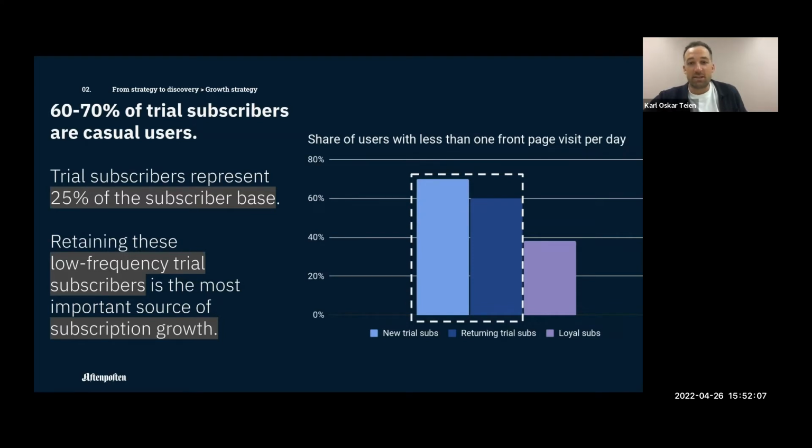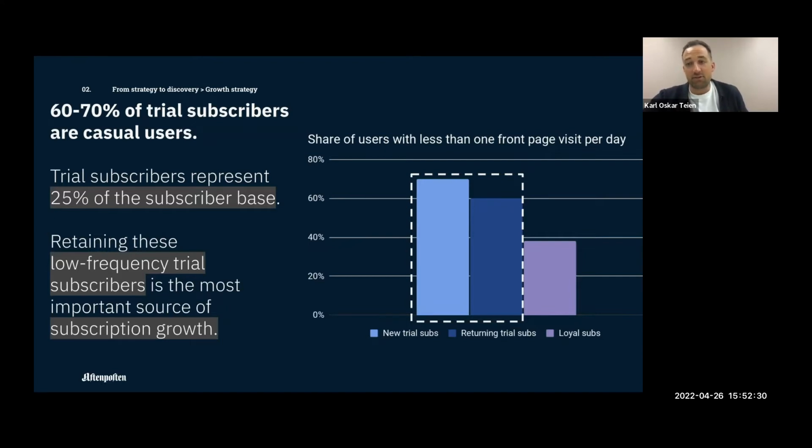And what we see is that, you know, more than half, or 60 to 70% of those trial subscribers, they visit less than once a day on average. And why is that important? Well, it's important because this group of users, the trial subscribers, they represent 25% of the subscriber base at any point in time.